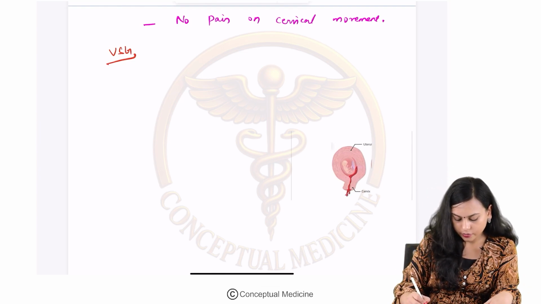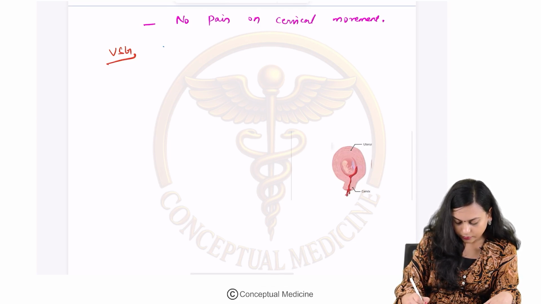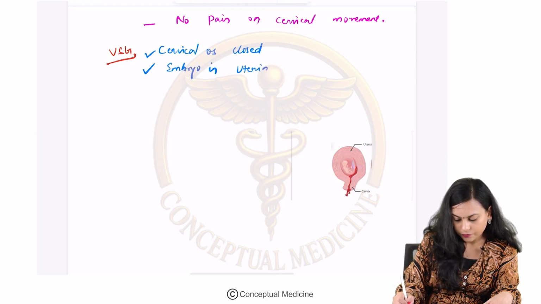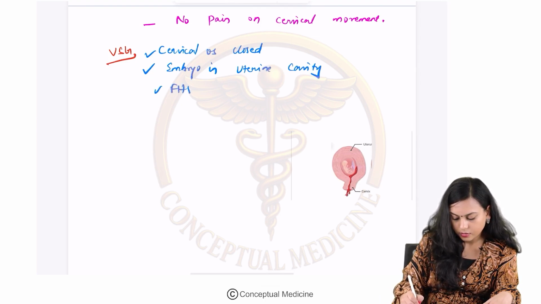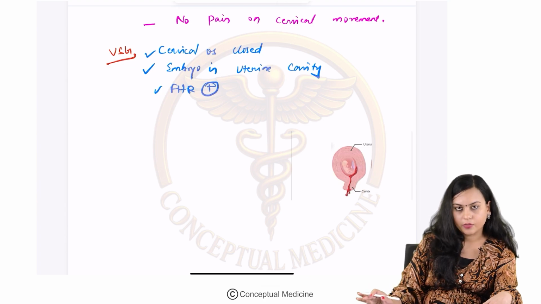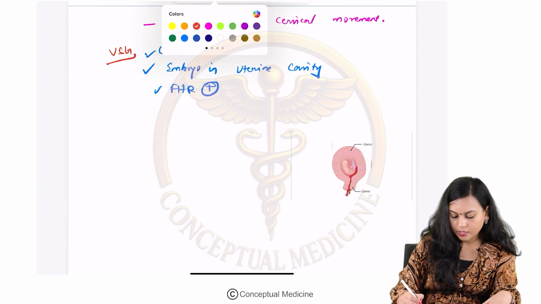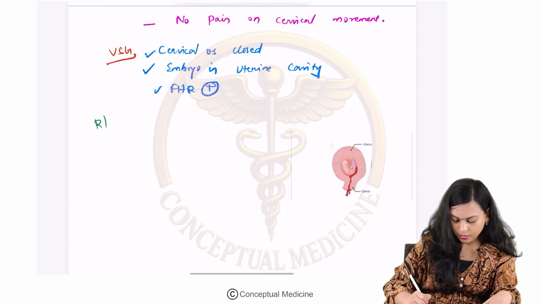In that you will be able to appreciate that the cervical os will be closed, and the embryo is in the uterine cavity. Fetal heart rate positive, fetal heartbeat will be there.